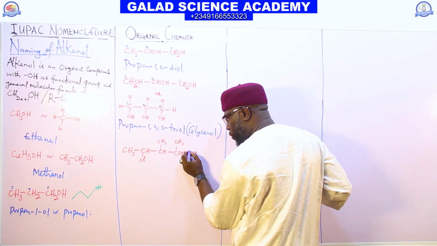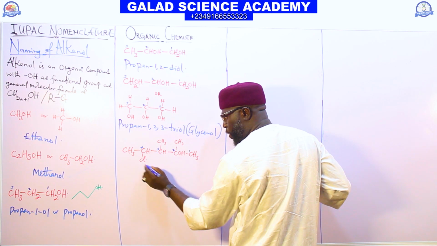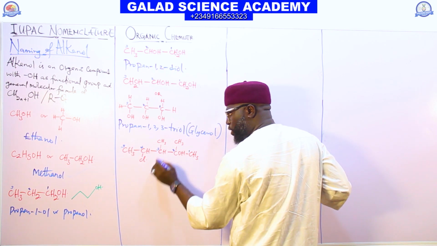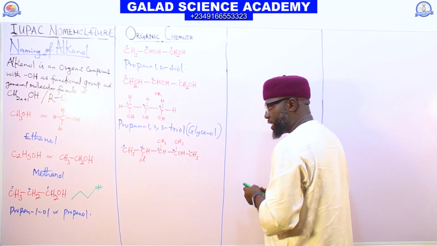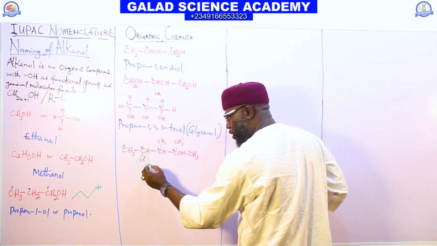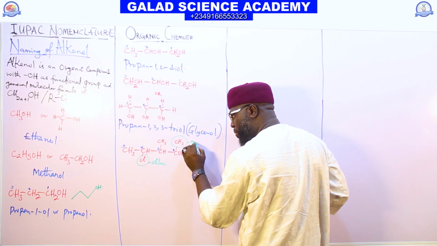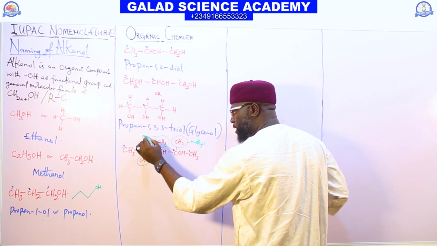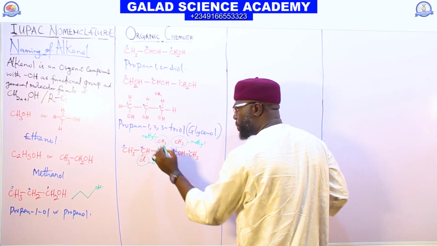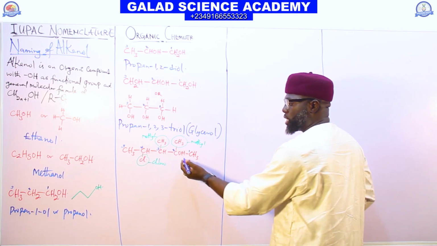This is 1, 2, 3, 4, 5. We have substituent groups. How many? We have 3. The first one is chloro. Here we have methyl, here we have another methyl.